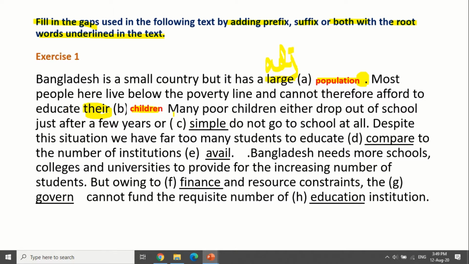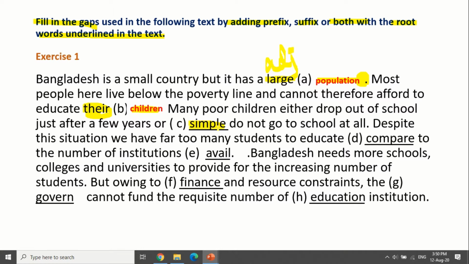Then the next line. Many poor children either drop out of school just after a few years or simple do not go to school at all. So you understand already that simple is an adjective, but in this context we need an adverb, right?